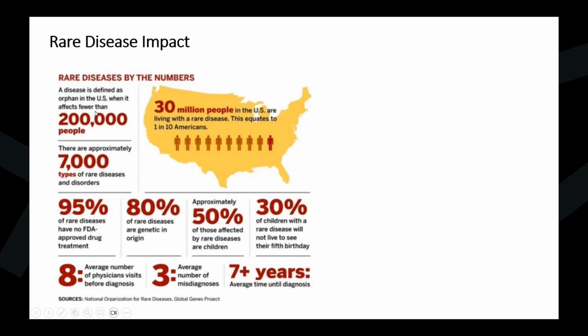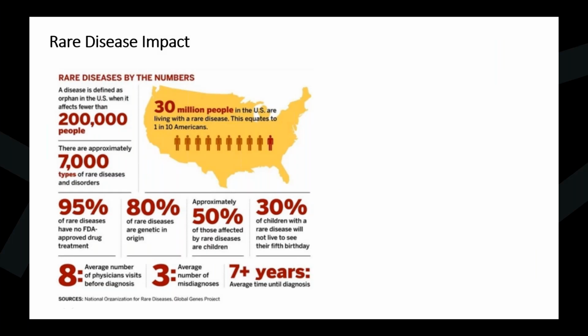So the definition of rare disease is right here. If the disease affects fewer than 200,000 people, it's defined as a rare disease. Rare, but not too rare. You see that 30 million people in the USA are affected by these diseases, so it's a little less than 1 in 10 Americans. The statistics are similar globally. And another piece of bad news is that there are around 7,000 different rare diseases and disorders.